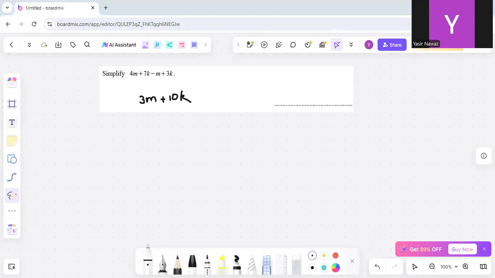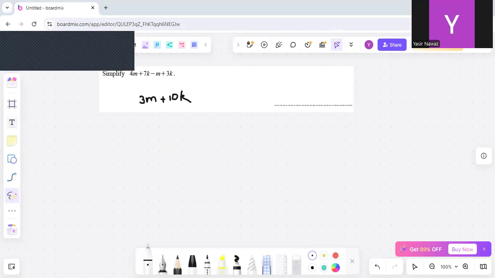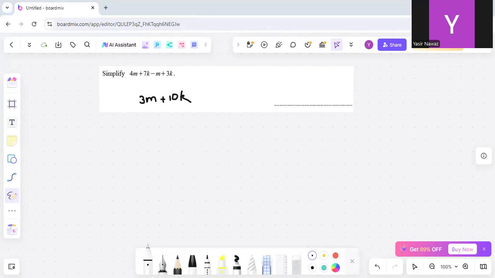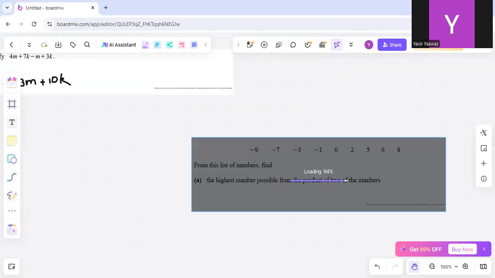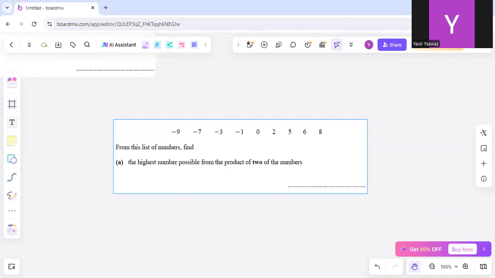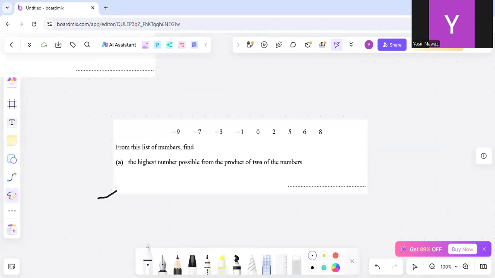The next question is, from this list of numbers, find the highest number possible from the product of two of the numbers. So the highest number from the product of two numbers.